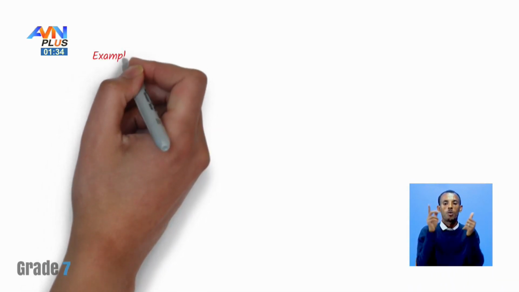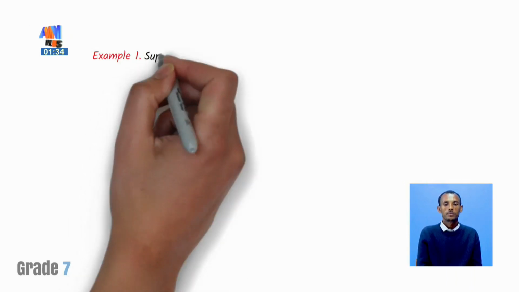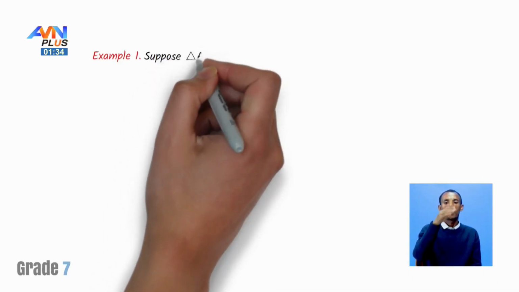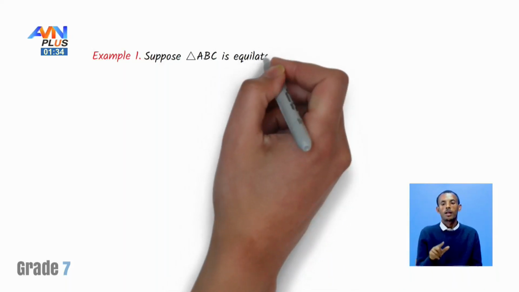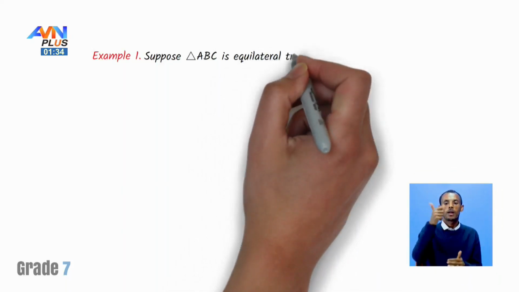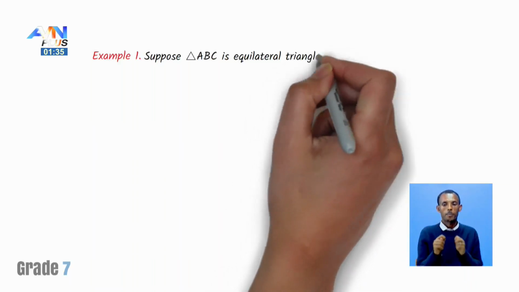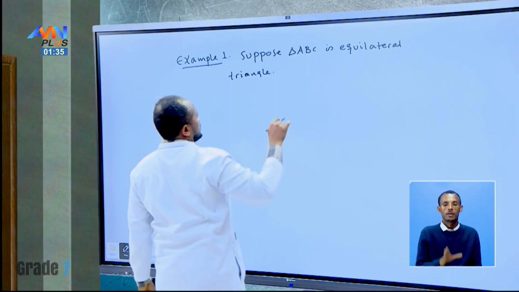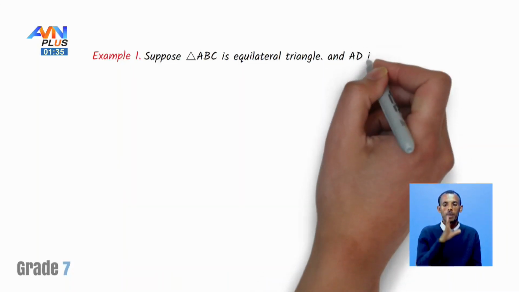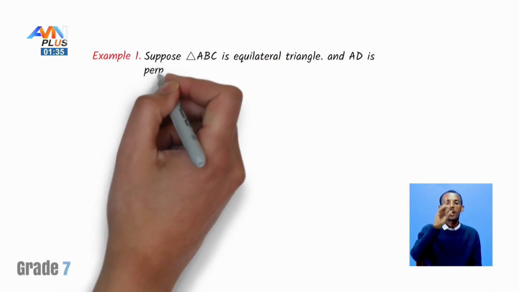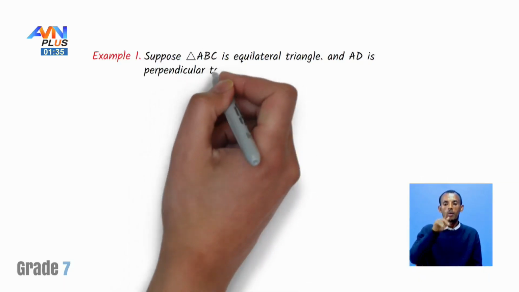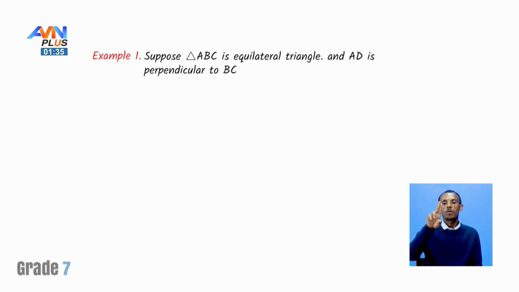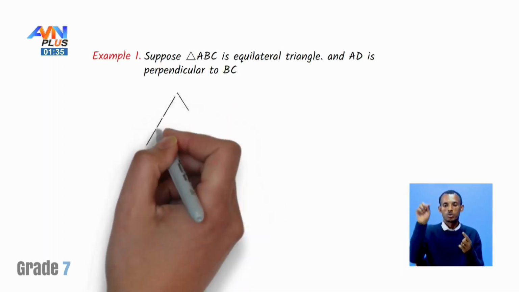Example 1. Suppose ABC is an equilateral triangle, and AD is perpendicular to BC.